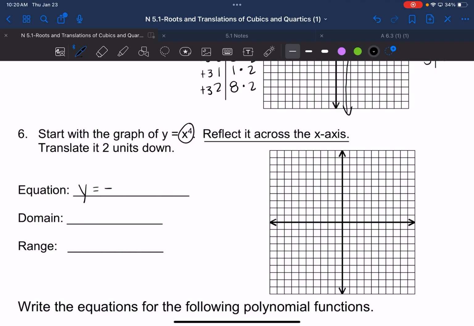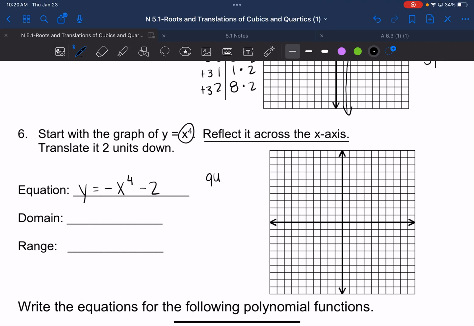And then it says it's translated 2 units down. Where do I put that? Yeah. So since we aren't shifting left and right in this one, you don't have to put any parentheses. You could if you wanted, but not necessary. So at the very end is where we're going to put that down 2. Okay, perfect.